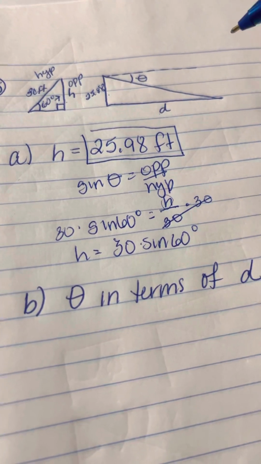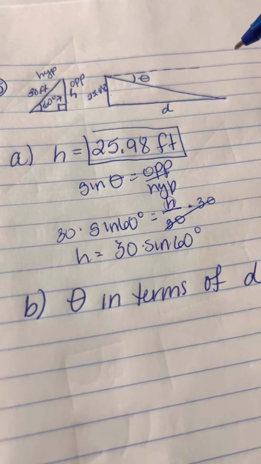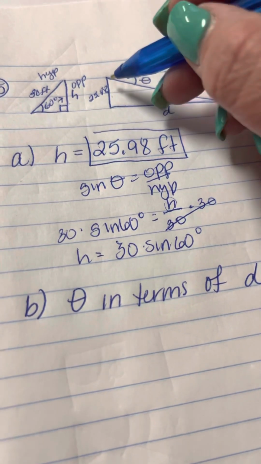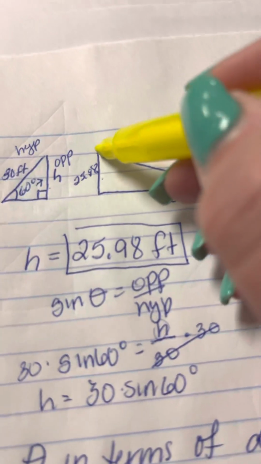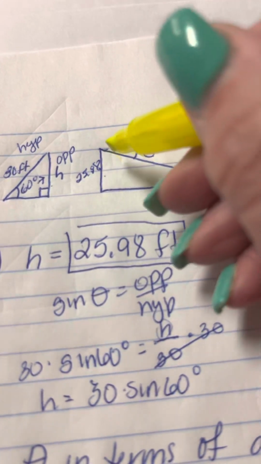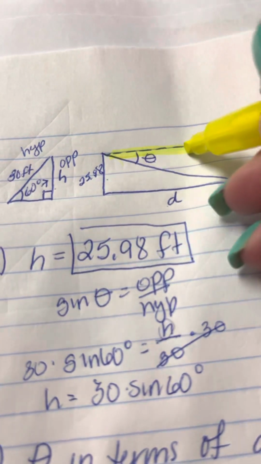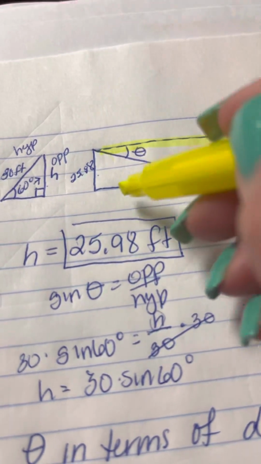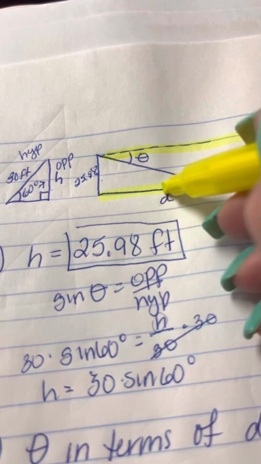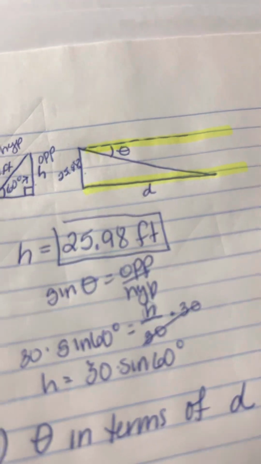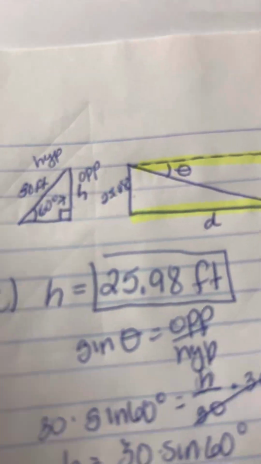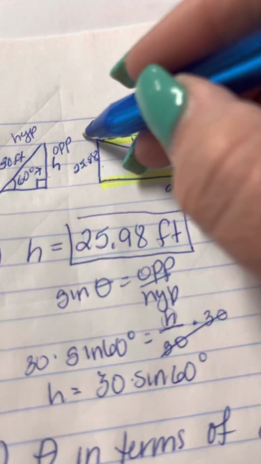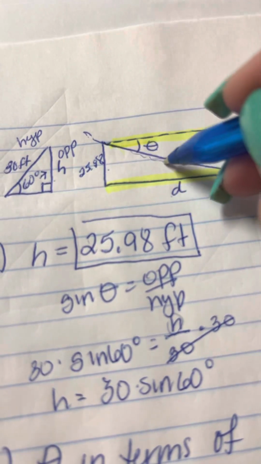Well, here's the situation. Let's go back to geometry, people. You have two parallel lines. Here's a parallel line. Here's a parallel line. And they're cut by the transversal. This is the transversal right here.